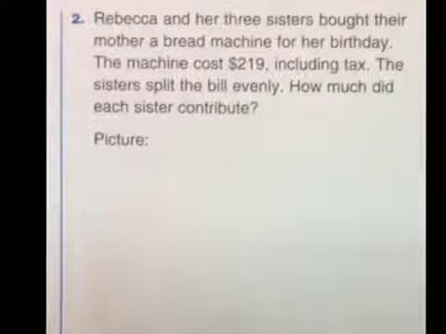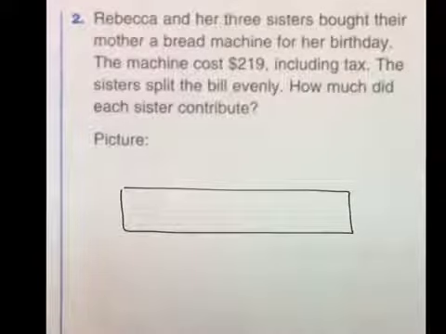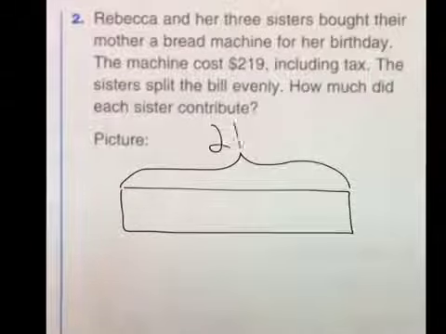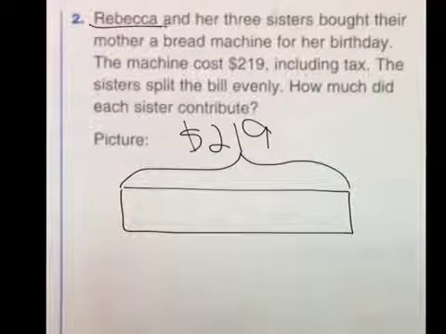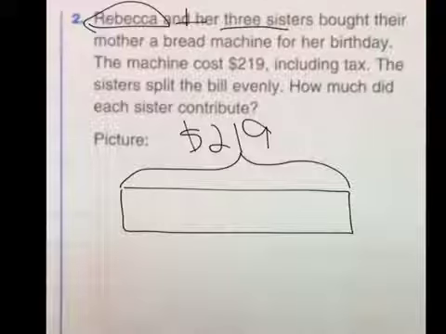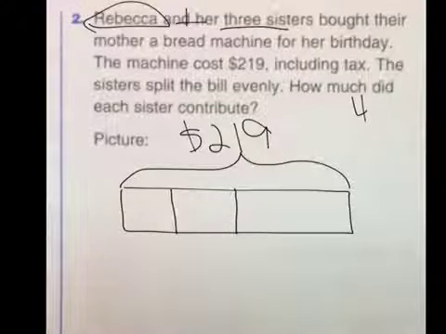So, if I were to draw this, and I'm going to let you go ahead and do it, but I'm just going to show you the way I would do it. I would take the entire amount. This is going to represent the $219. There's my $219, okay? And we said that it's Rebecca plus her 3 sisters, right? So that makes it 4. 4 people split it. So we have that split in half, and this is split in 4.